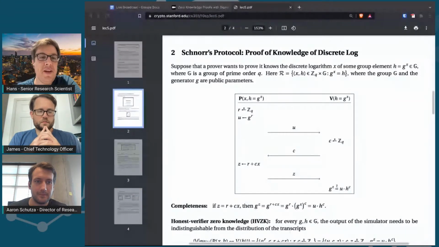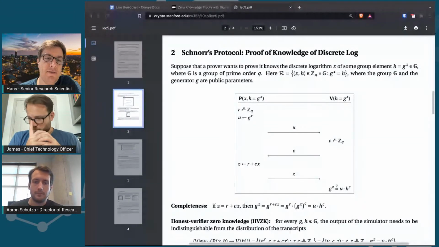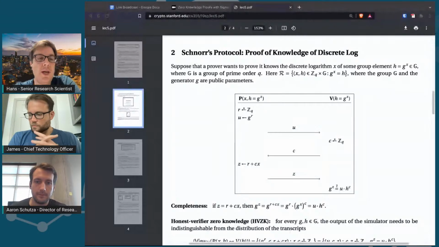you can see here. It's sort of interactive, right? You have a communication that goes from left to right, from the prover to the verifier. You have a communication going back from right to left, and then you have another communication going back. So it's a back and forth communication that does this proving process, and that is the sigma that you're representing.